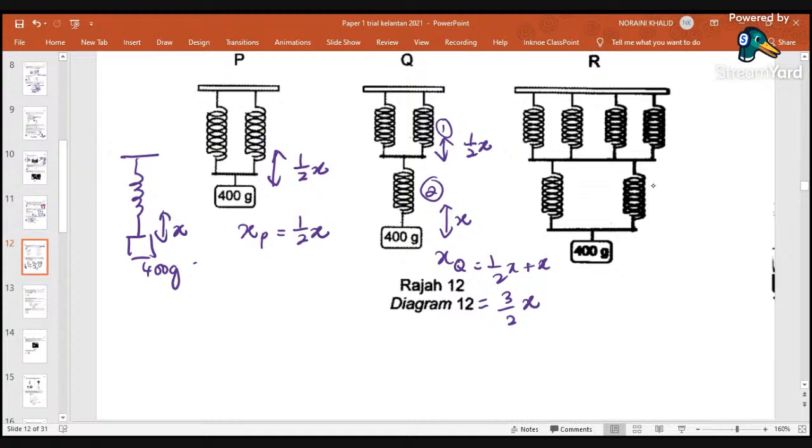Now we look at this one. One single spring X, below here 2 springs, so it becomes half X. Above here 4 springs, so it becomes 1 over 4X. So now for R it is 1 over 4X plus 1 over 2X, so it becomes 3 over 4.